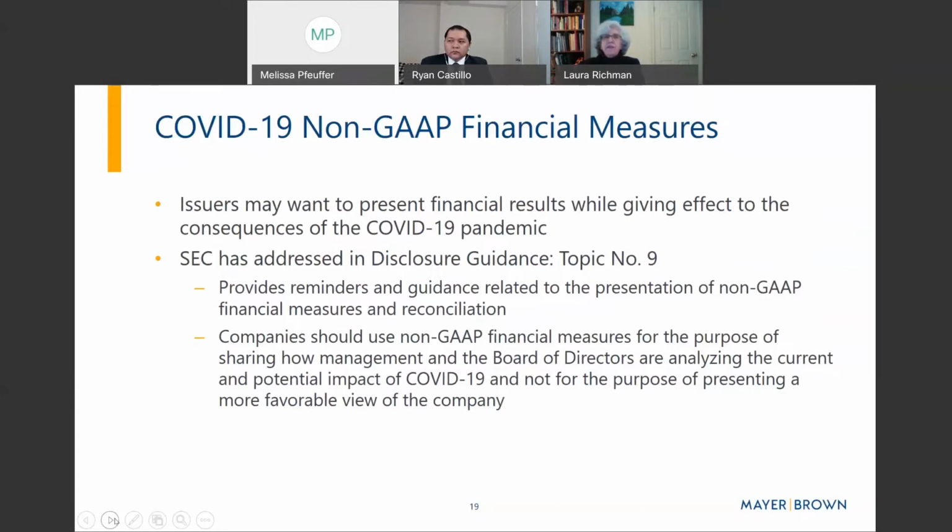You can't be using non-GAAP financial measures to adjust for COVID-19 for the purpose of presenting a rosier or more favorable view of the company.